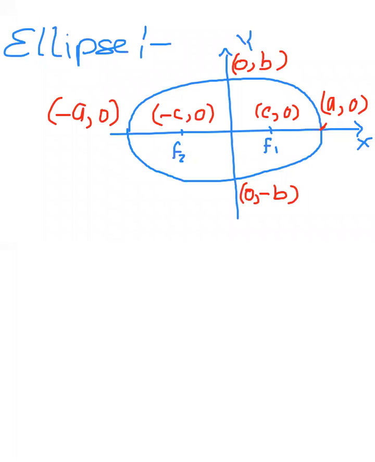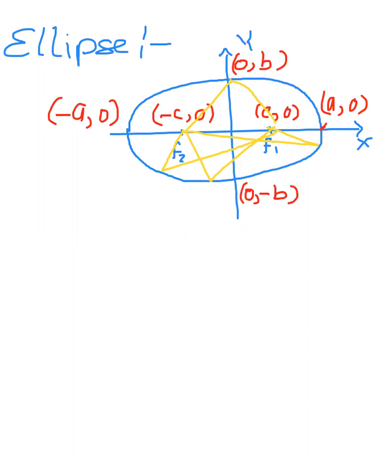See, going from one focus to another focus via the ellipse, the distance traveled will be the same. So the locus of the points whose sum of the distances from two foci remains the same is an ellipse. So this is the ellipse.